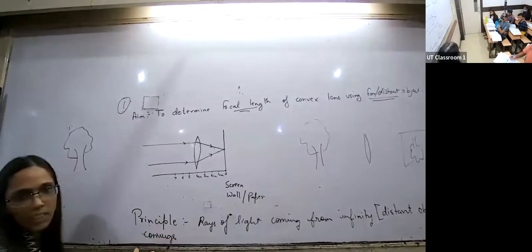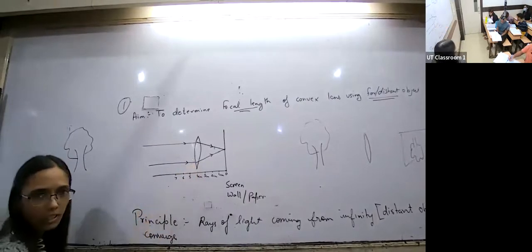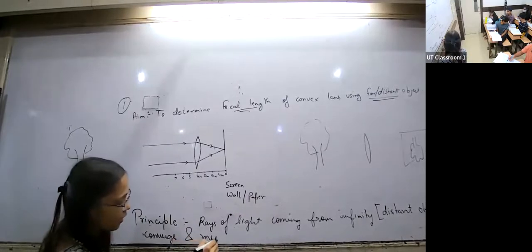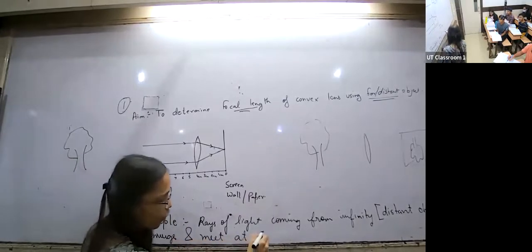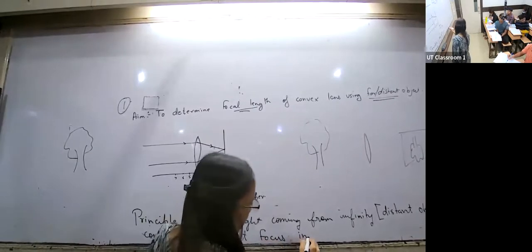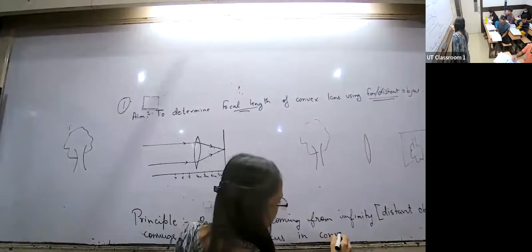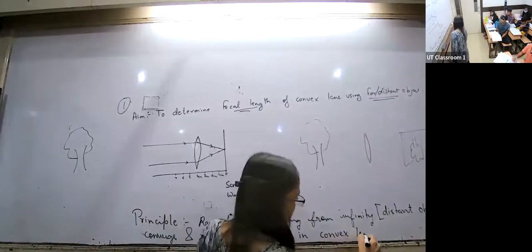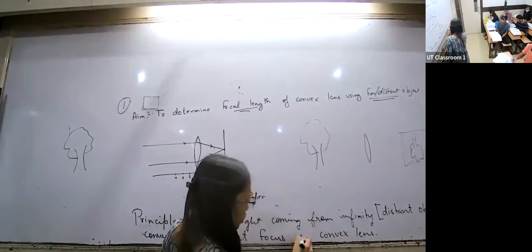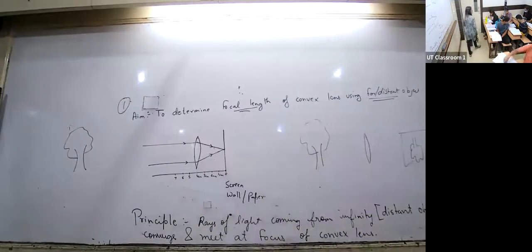Why am I writing converge? Because which lens are we using? Convex lens. Converge and meet at focus in a convex lens, and meet at the focus of the convex lens.